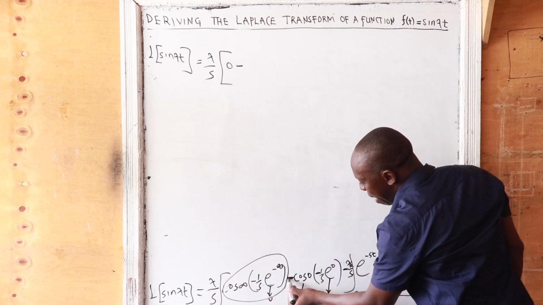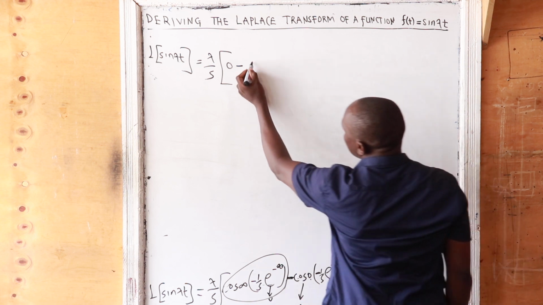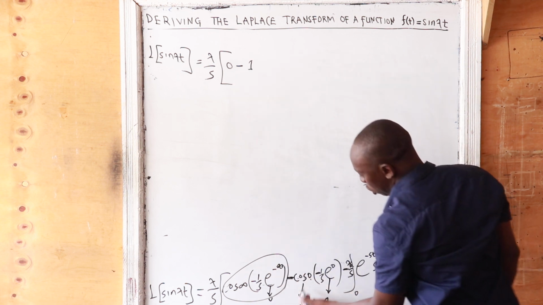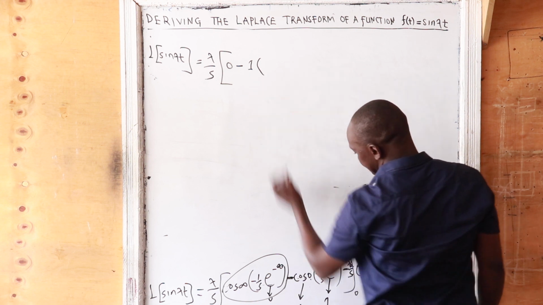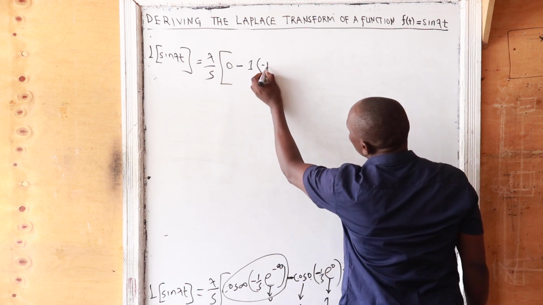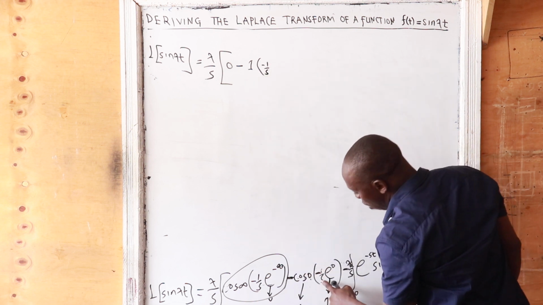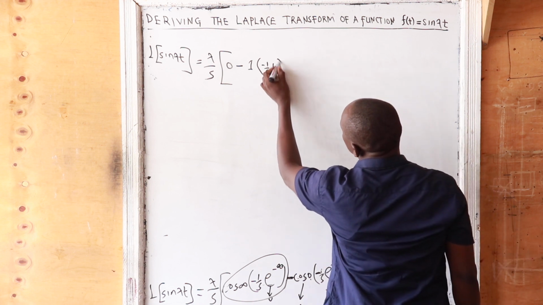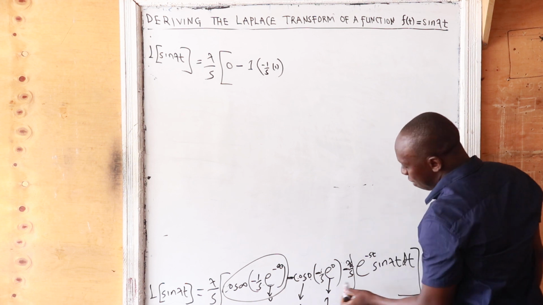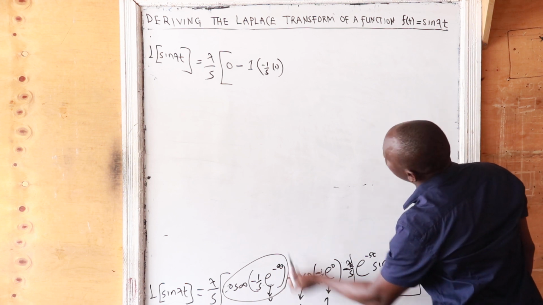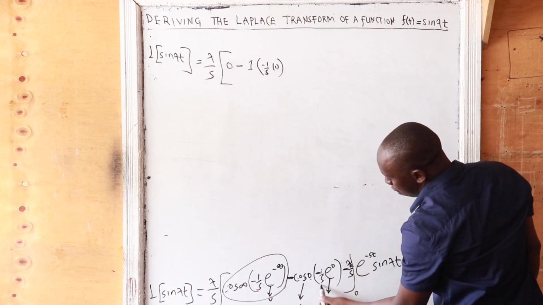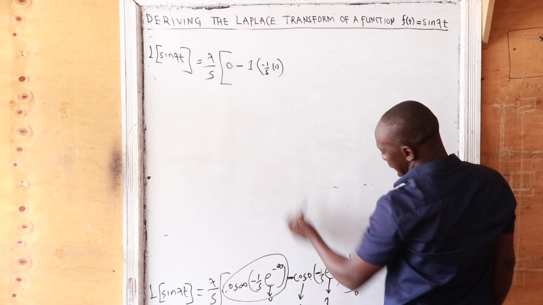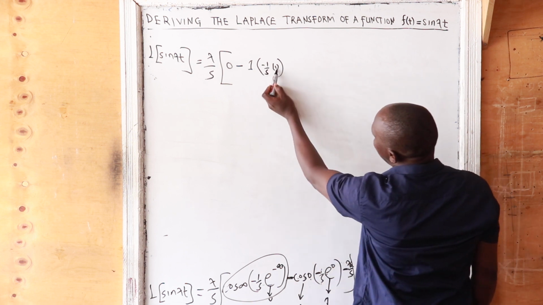Minus cos 0 is 1, there is a 1 which is for cos 0. Then into brackets, minus 1 over s. Then exponential 0 again is 1. Now we have replaced everything here: cos 0 is 1, minus 1 over s there, and exponential 0 is this 1.